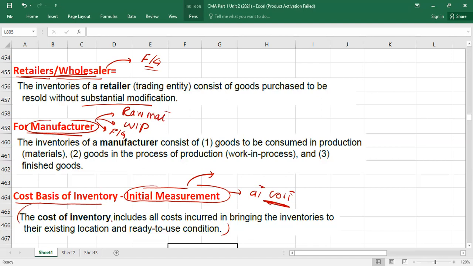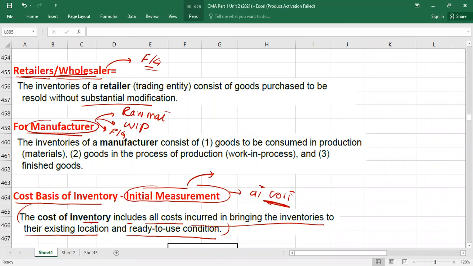The cost of inventory includes all costs incurred in bringing the inventories to their existing location and ready to use condition. Let me give you an example here. There are two keywords. All the cost which you will incur to bring the inventory to present location. This is the first word.